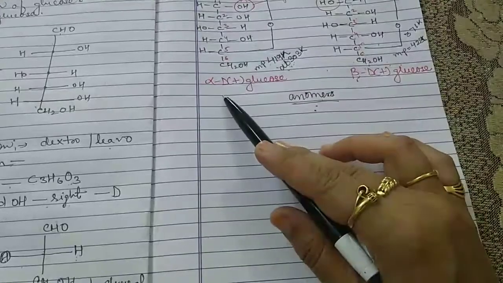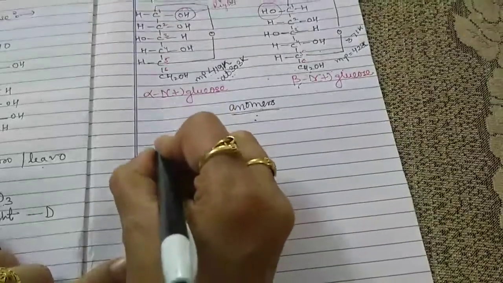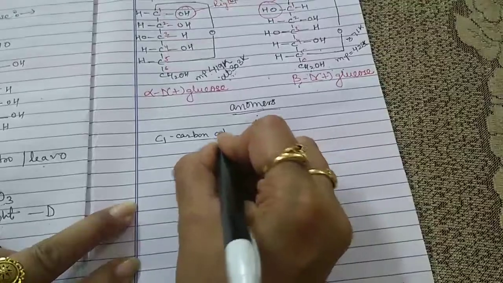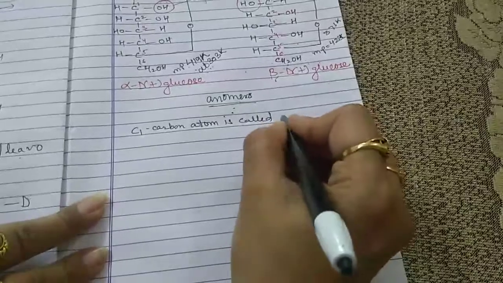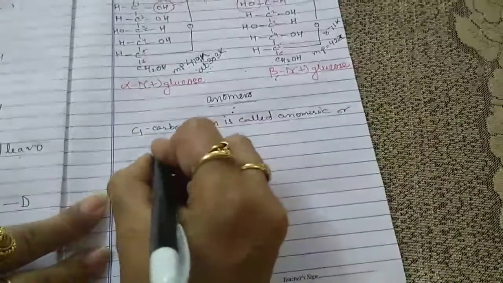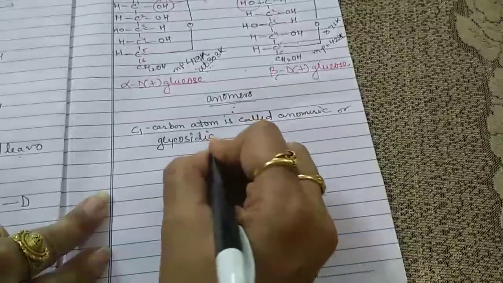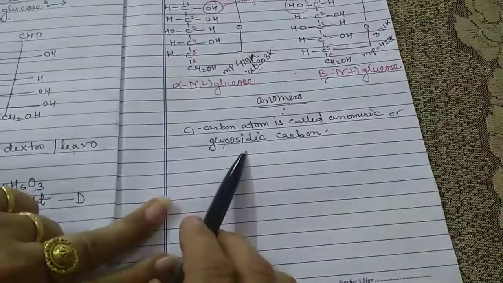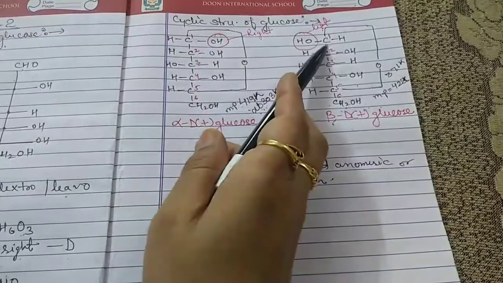Here in alpha glucose as well as in beta glucose, the C1 carbon atom is called the anomeric or glycosidic carbon. Here we are talking about the C1 carbon atom. This one is the C1 carbon atom.